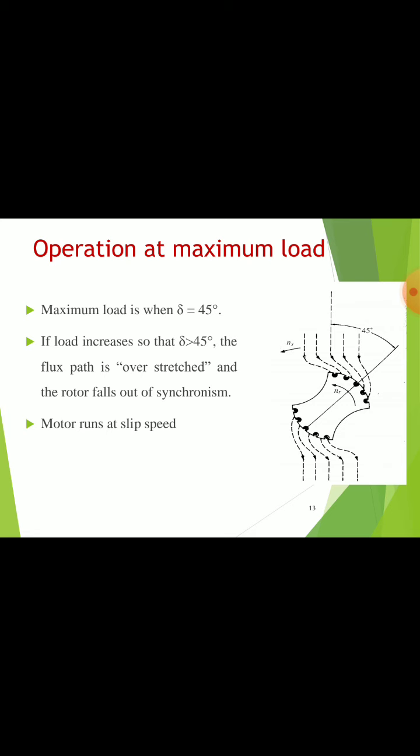If we increase the load beyond this point, the rotor cannot follow the stator flux. That is out of synchronism, and the motor runs at a slip speed. Therefore, operation at maximum load means when the load angle is 45 degrees.